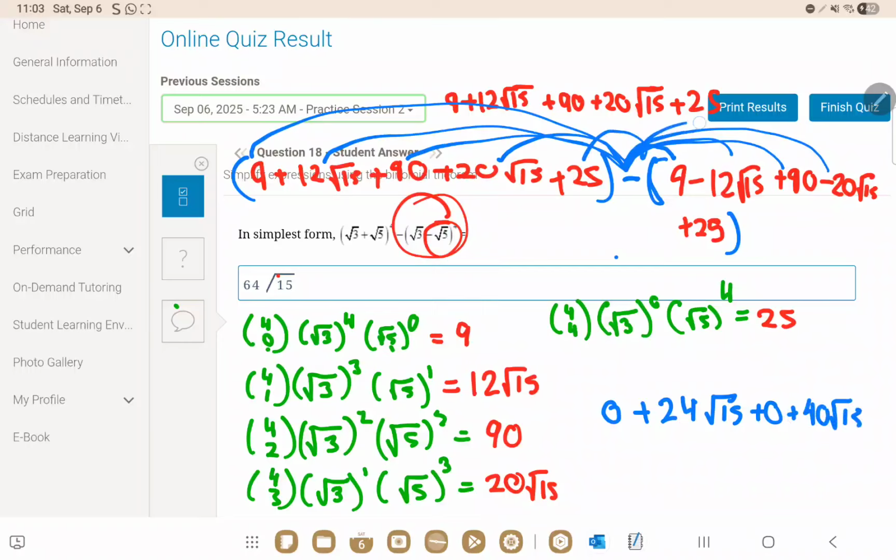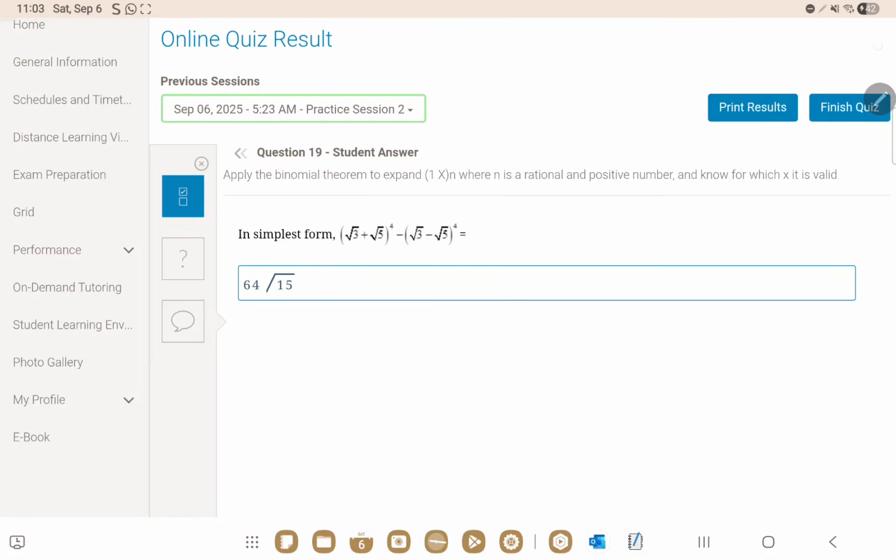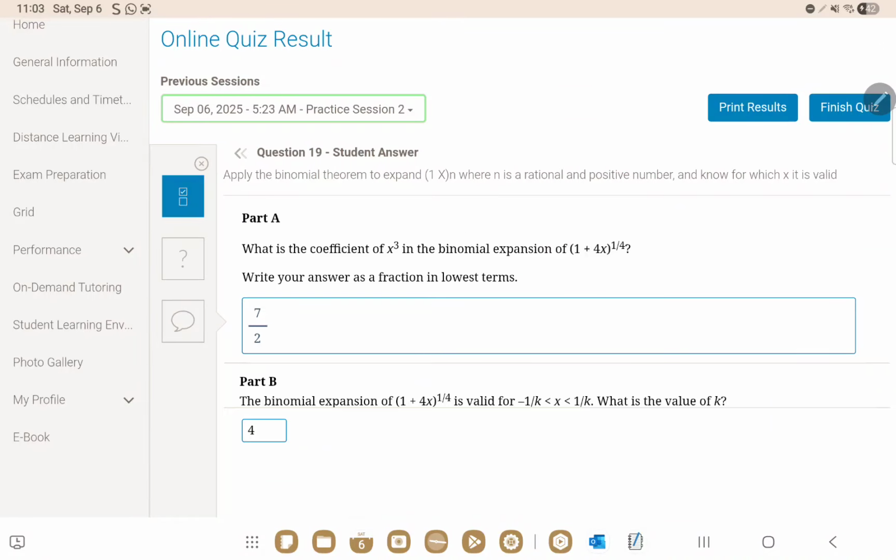And 25 minus 25 is 0. Now add the terms that aren't 0, which is basically 24 radical 15 plus 40 radical 15. That will equal 64 radical 15, which is our answer. And that is it. Let us move on to the last question, which is not required, I think.